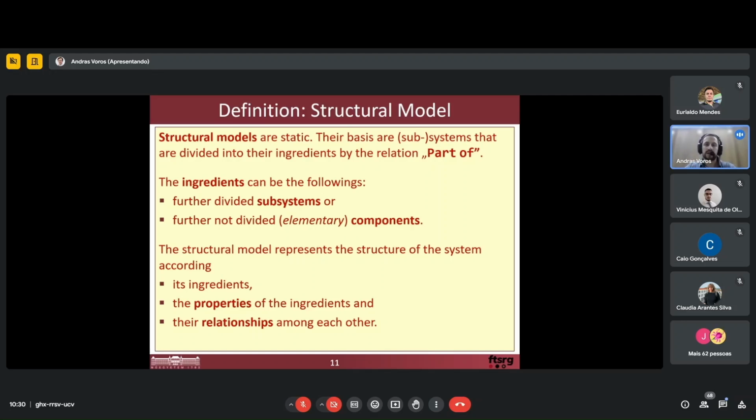The structural model represents the structure of the system according to its ingredients, properties of the ingredients. We will talk about these properties later, and their relationships among each other. So how they relate to each other.